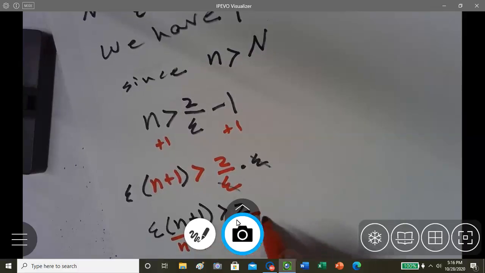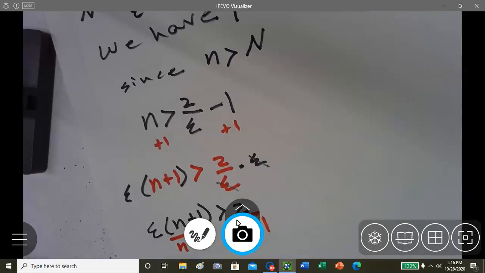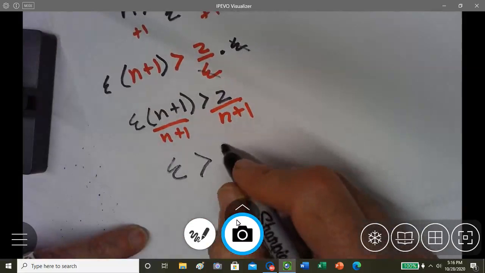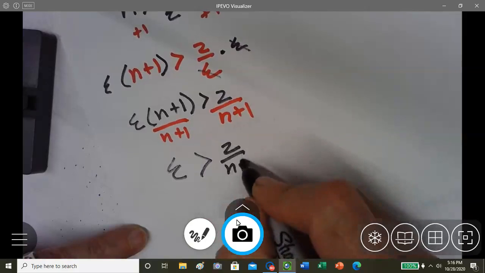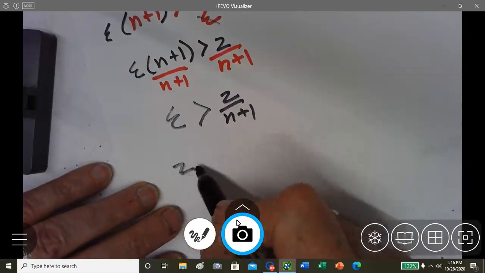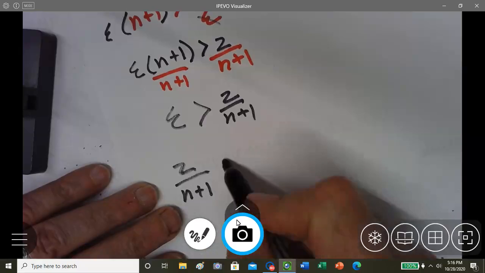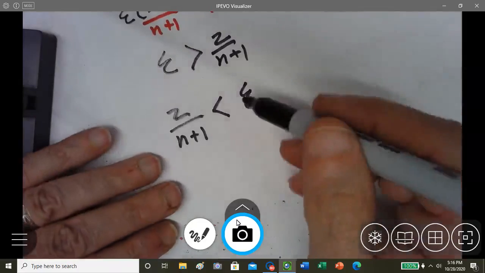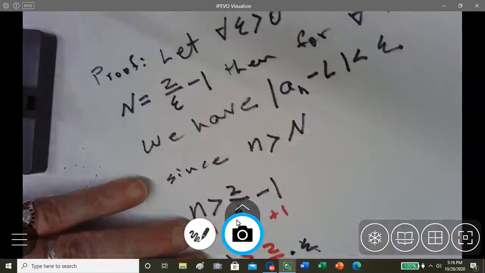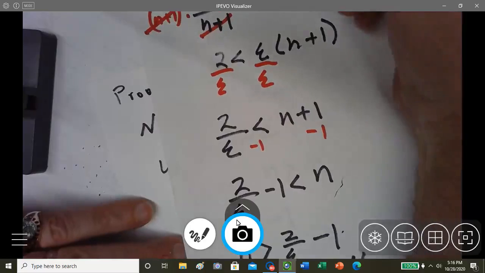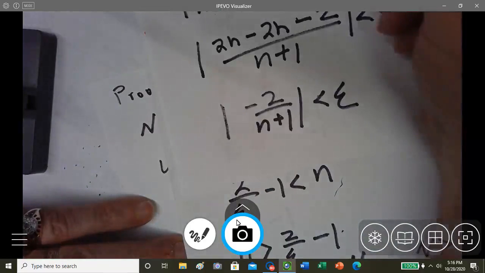And so now we have epsilon is greater than 2 over n+1. Well, that's the same thing as if we said 2 over n+1 is less than epsilon. Okay, so we're getting closer and closer to working backwards in this sequence, and eventually we're going to get back up to here.